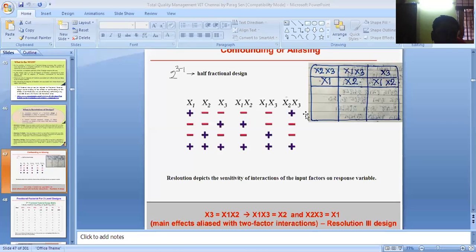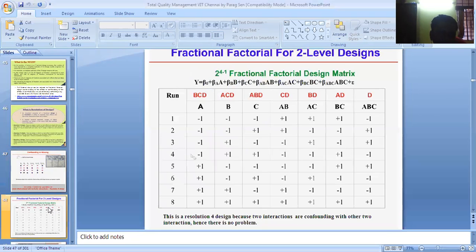And apart from that, another thing is that suppose we have shown here a 2 to the power 3 minus 1 design, and this is actually a 2 to the power 4 minus 1 design.